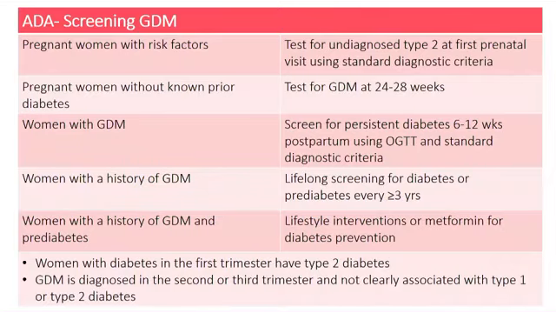I'm sorry, this is from the ADA, but we'll take it in pieces. It summarizes a lot of good information here. So, women with risk factors: test for undiagnosed type 2 diabetes at the first prenatal visit using standard diagnostic criteria.